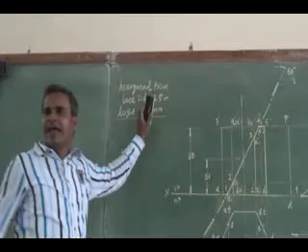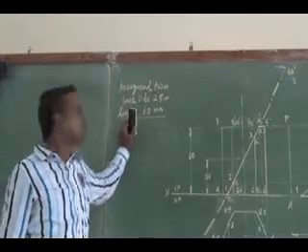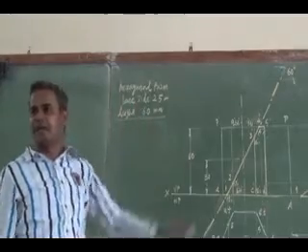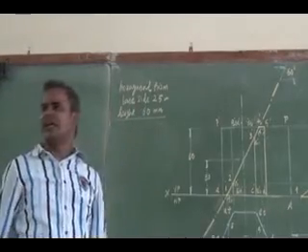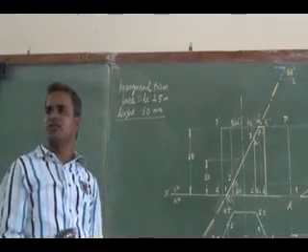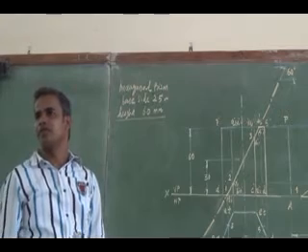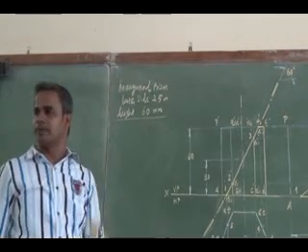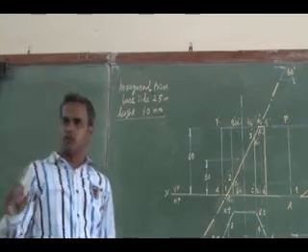Right. Again, a hexagonal prism of base side 25 mm and height 60 mm is kept vertically on the ground with its base such that a face is parallel to VP. Full stop.